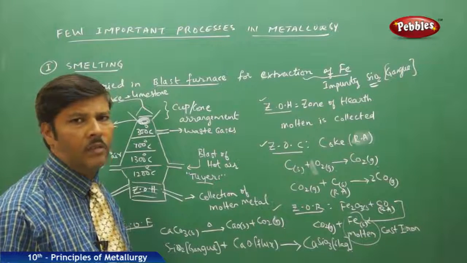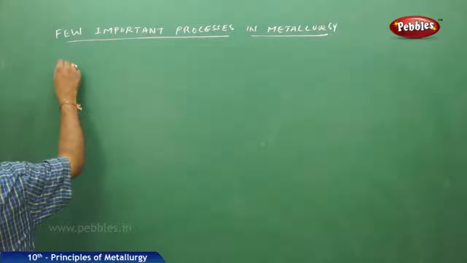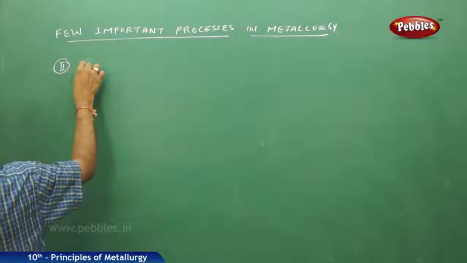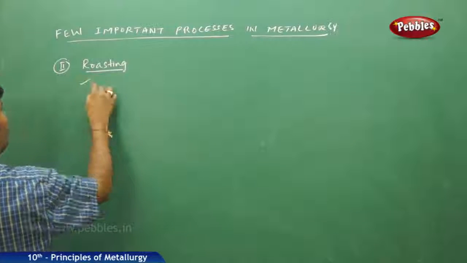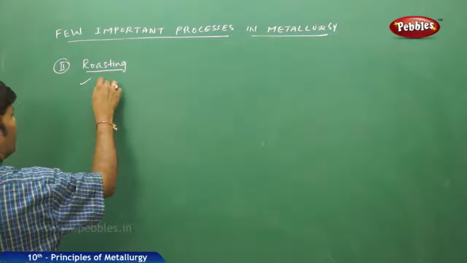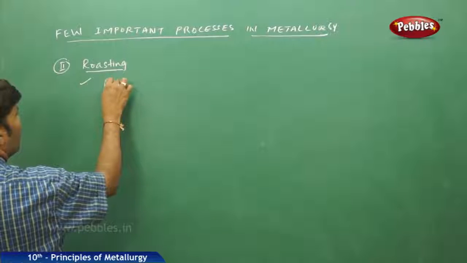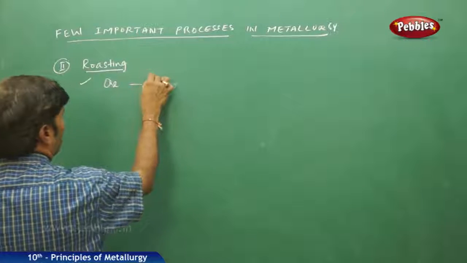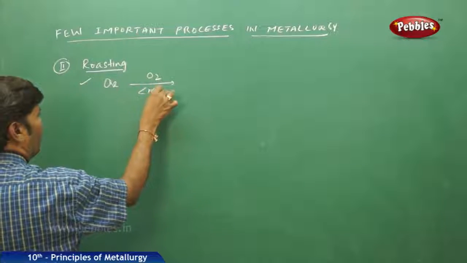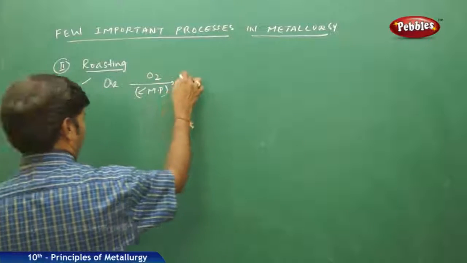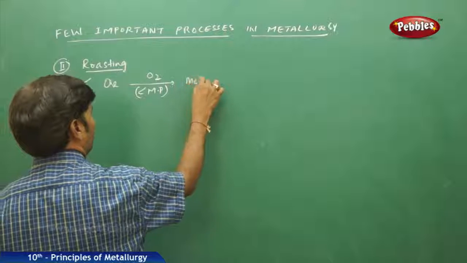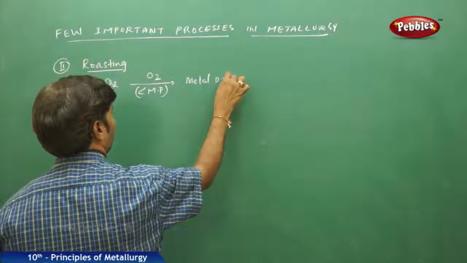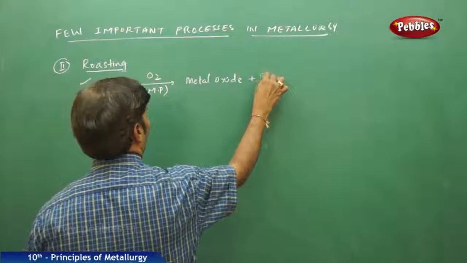So if you go for the second metallurgical process, that is roasting. Roasting is heating the mineral ore. The ore is heated in the presence of oxygen below its melting point to give the metal oxide and a byproduct.